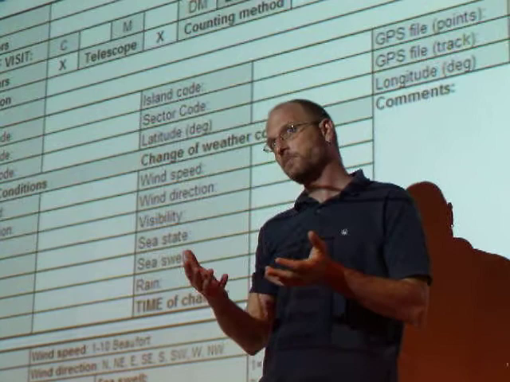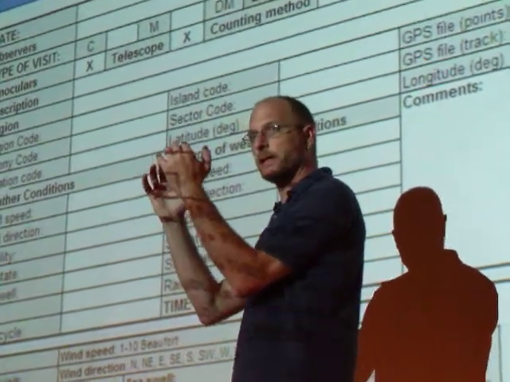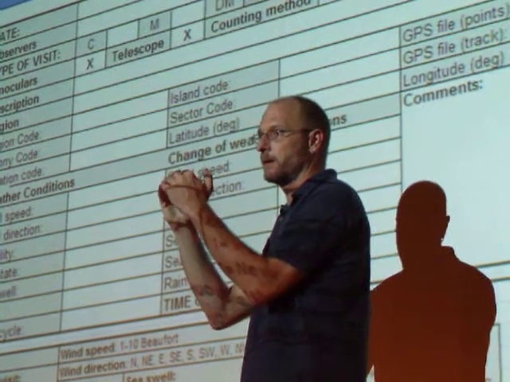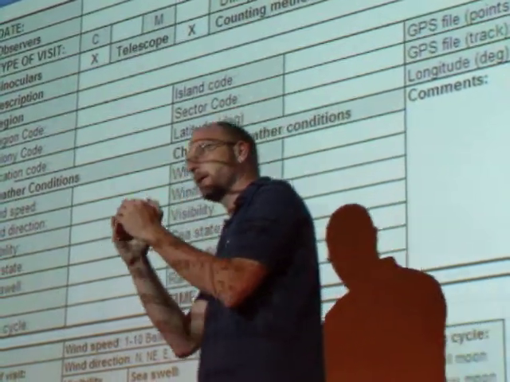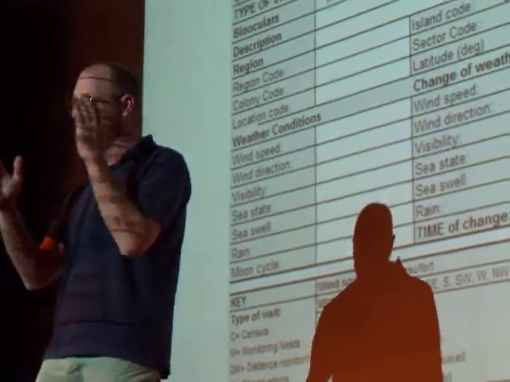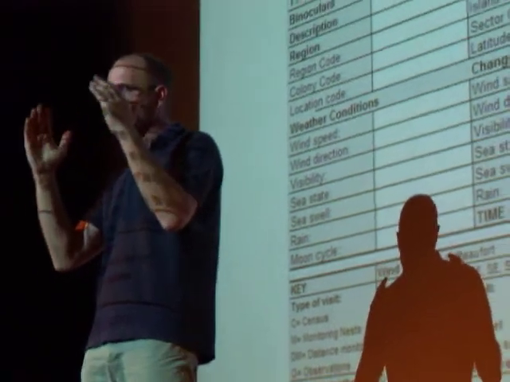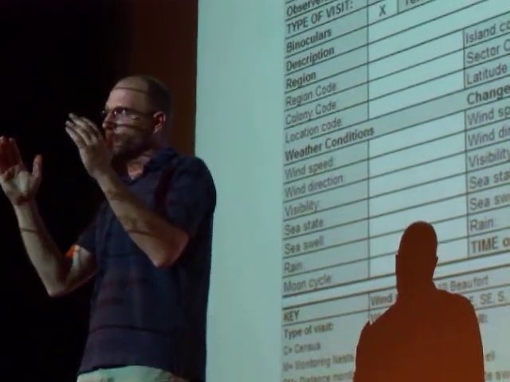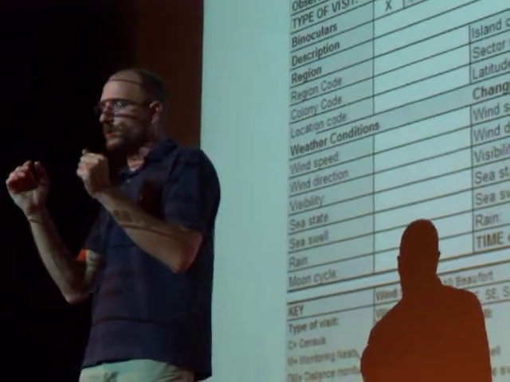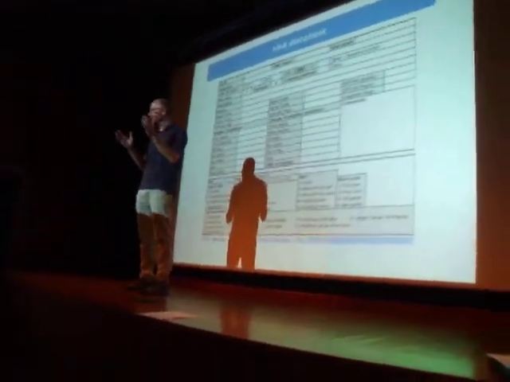If we do not relate our observation point with a colony, we can relate it to a section of a coastline of a particular island. What we have done is take all the coastline in Greece and cut it into so-called census sectors, with a length from, let's say, 500 meters to 2 kilometers.